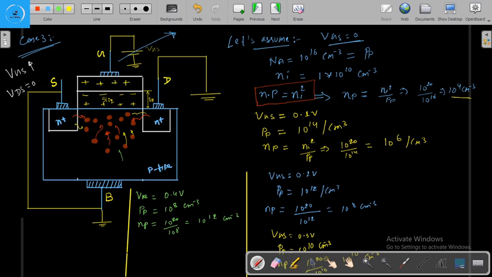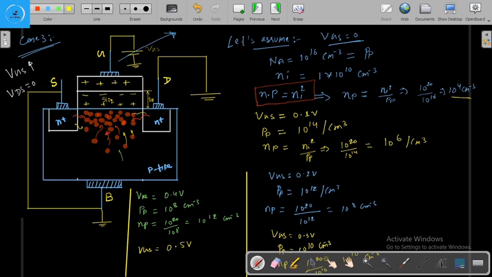Now once again we are increasing the value of the gate voltage, to 0.5 volt. Now again the concentration of the electrons will be increased near the SiSiO2 interface, the number of electrons will increase, and hence the concentration, or we can say number, because we are talking about this much volume.